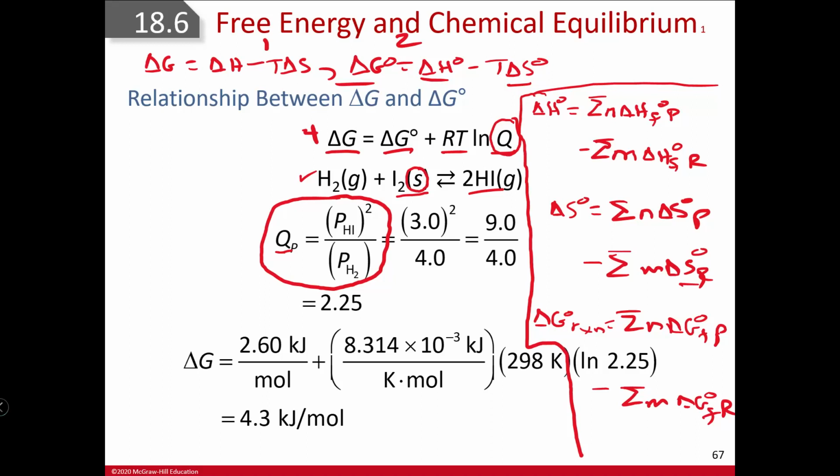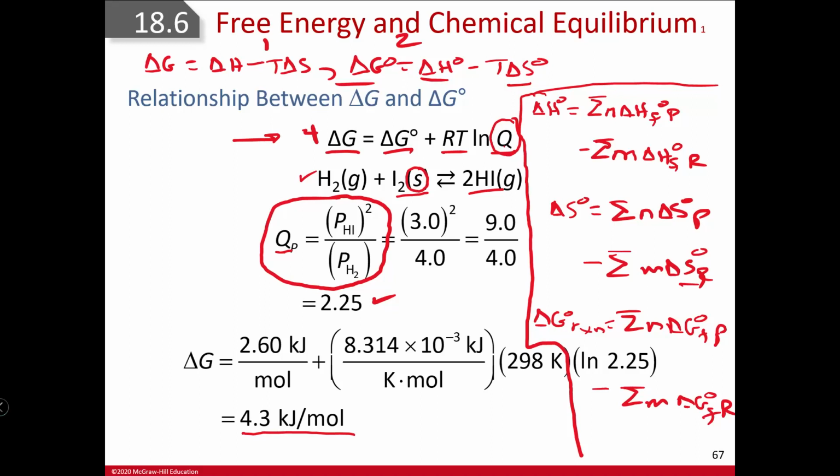And if we know what the values are initially for, in this case, the pressure of the hydrogen iodide and the pressure of the hydrogen, we can plug those in and calculate Q. And then we can plug that into this equation. Knowing Q, we can calculate what delta G is. So delta G for this reaction is 4.3 kilojoules per mole, it's positive, which means the reaction's not favored. All right.